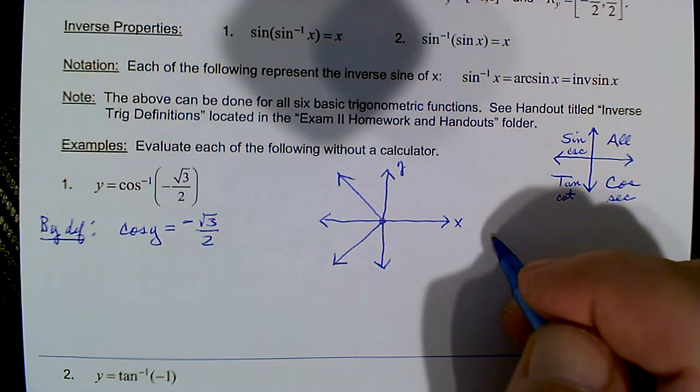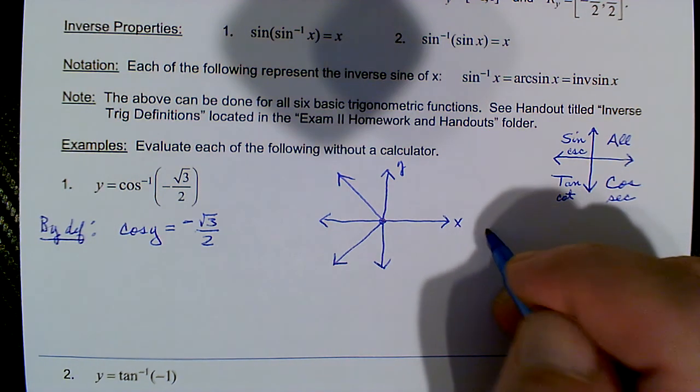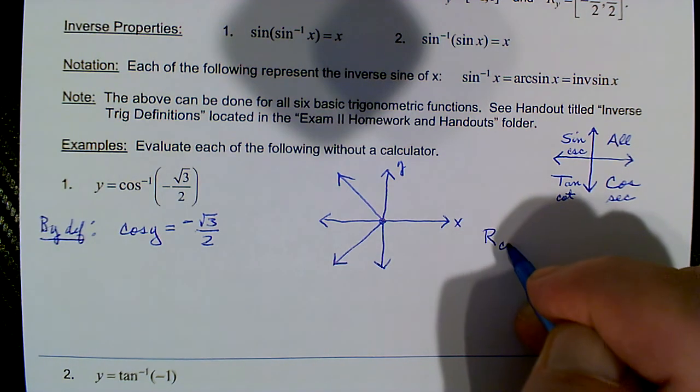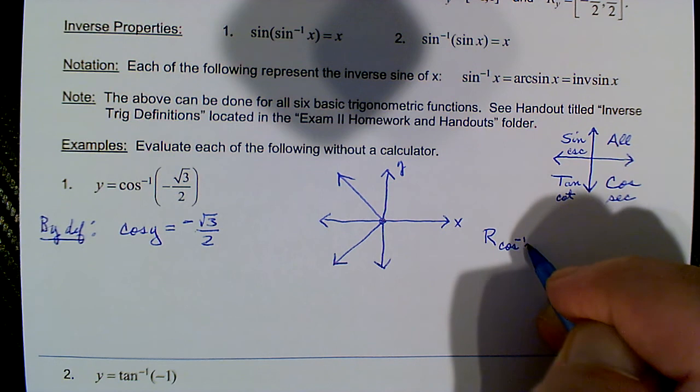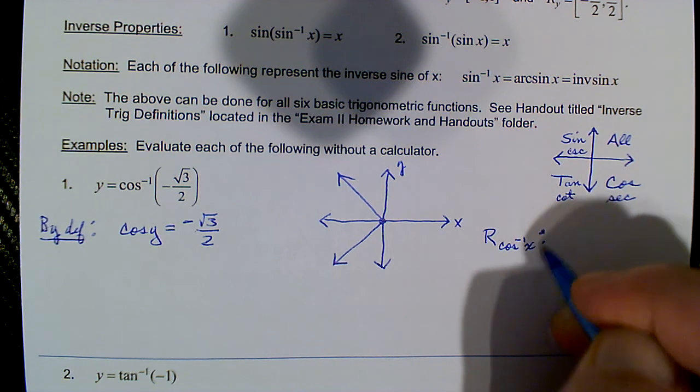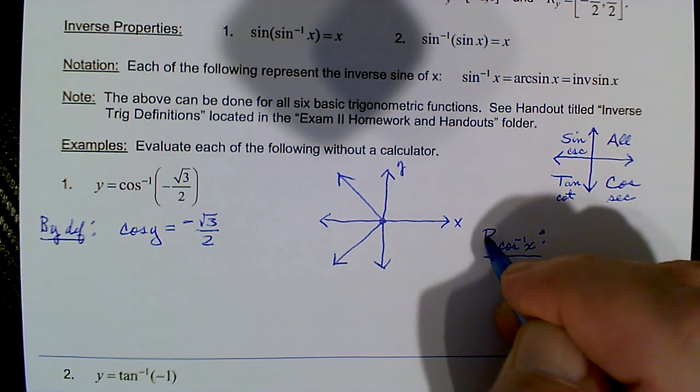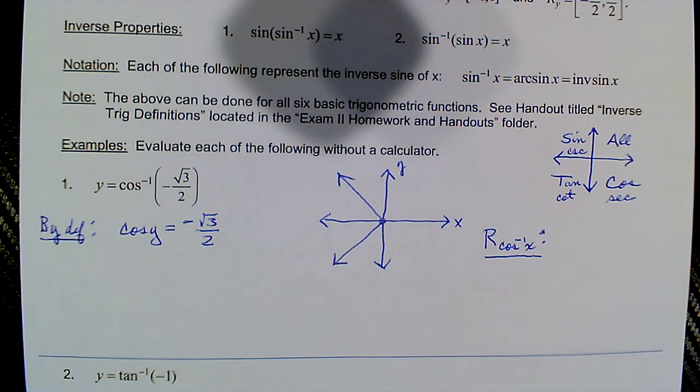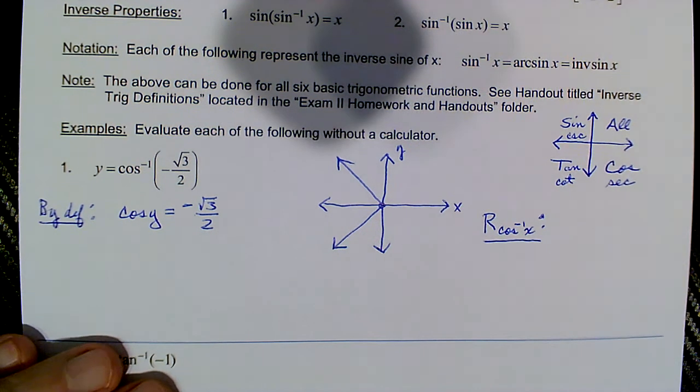But then, based on the range of the inverse cosine of x, you will be able to eliminate one of these angles. So again, you don't have to memorize the ranges.